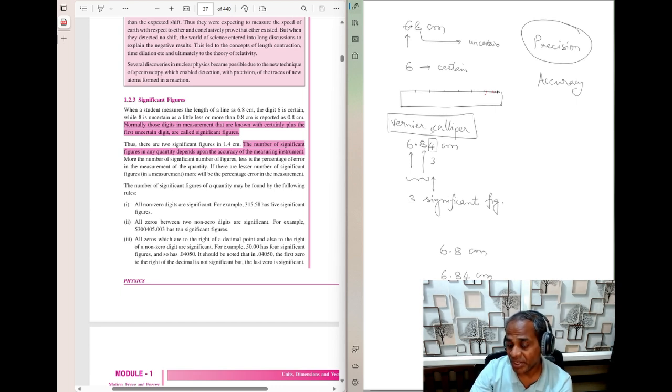Now what is happening here is 6 is a certain digit in this case, but 8 is uncertain. It can be 6.7 all the way up to 6.9. Here 6.8 is certain, so 6.83 all the way up to 6.85.